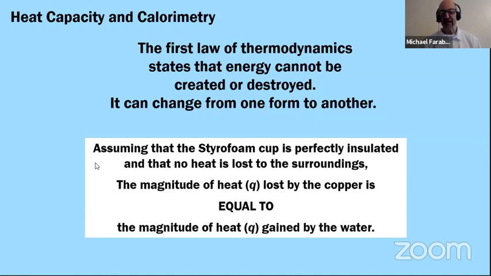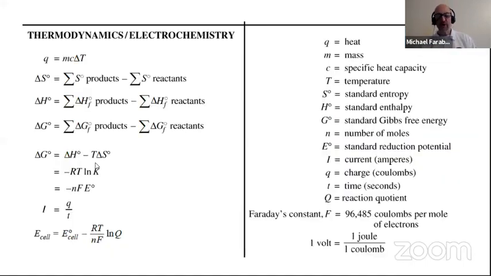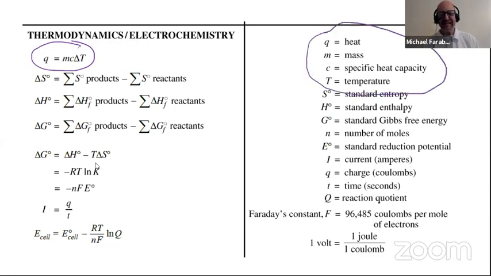Now, how do we calculate this in terms of calorimetry? On your equation sheet on the AP Chemistry exam, there's lots of equations in this section under thermodynamics, but I'm focusing on this one, which involves heat, M for mass, C for something called the specific heat capacity, and then T for temperature. Let's think about what exactly is the specific heat capacity, and let's talk about units.